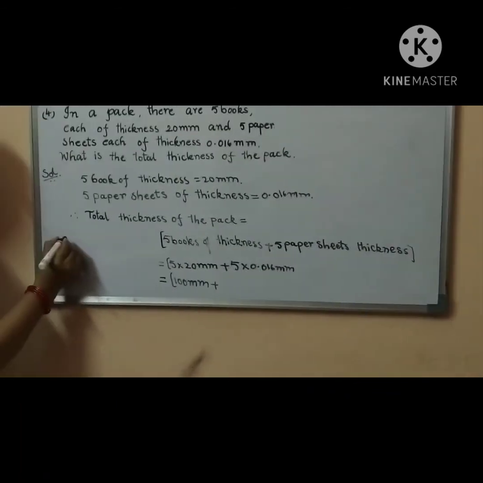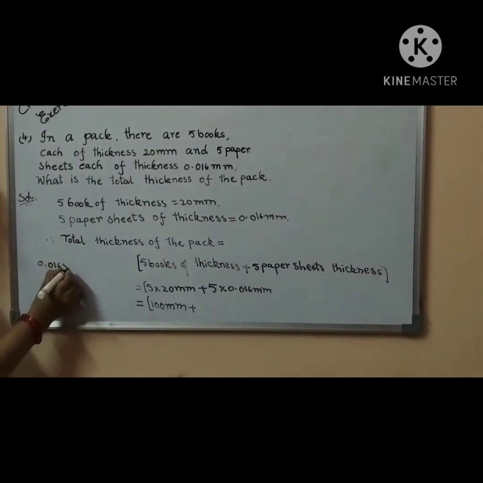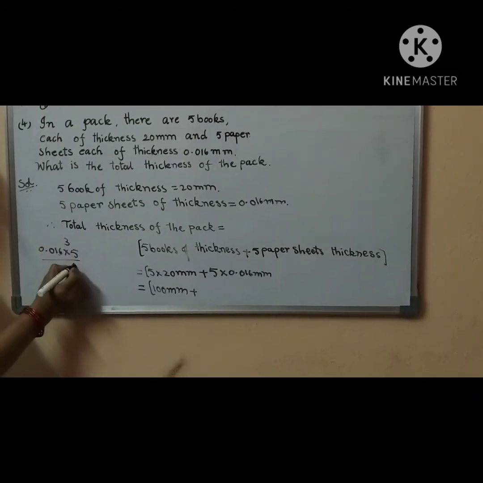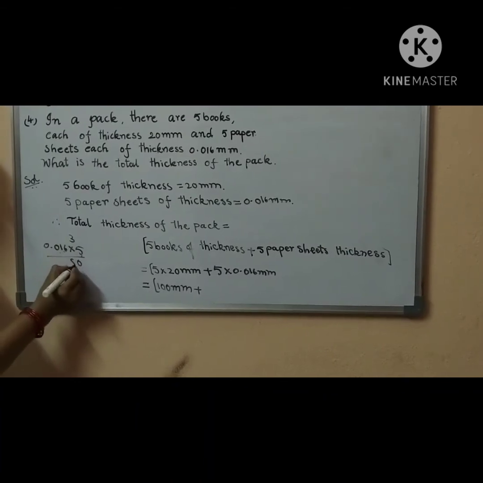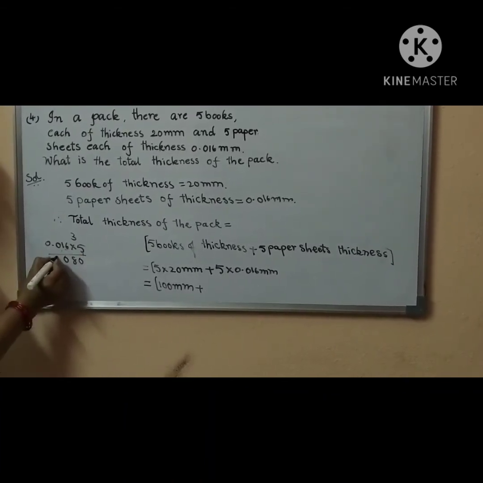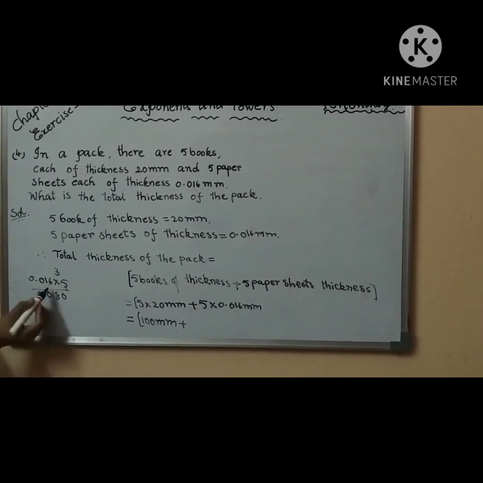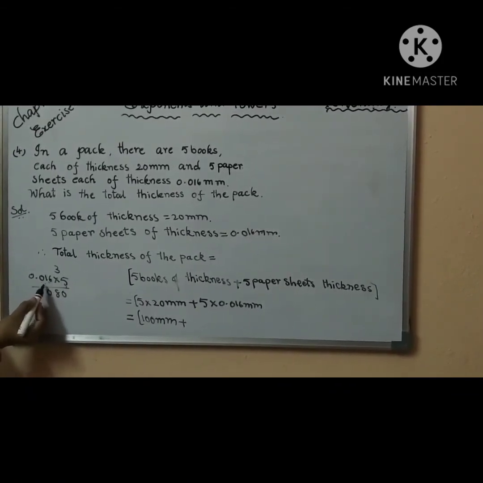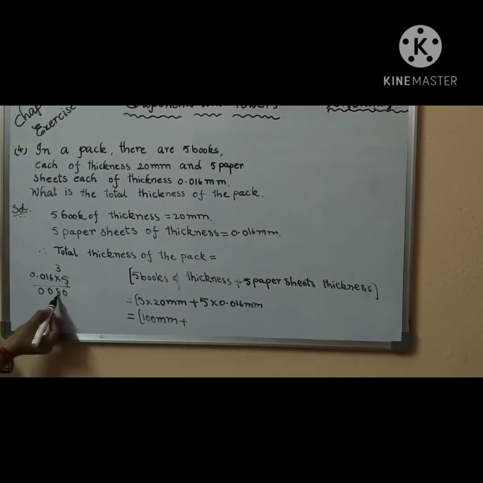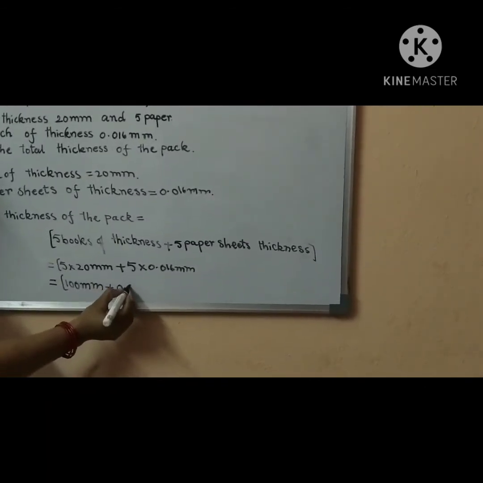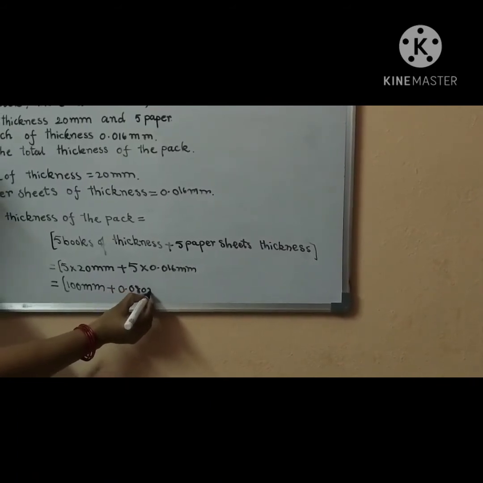Multiply that: 0.016 into 5. 5 6s are 30. 5 1s are 5 plus 3, 8. 5 zeros 0. How many digits after the point? 1, 2, 3. We count from the left side onwards. So 0.080 mm.